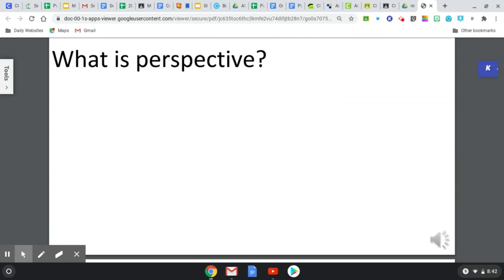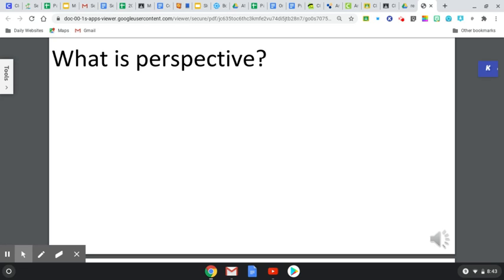All right, what is perspective? We're going to talk about perspective quite a bit. Perspective is who we're seeing, like what's going on. So right now we followed Mole around, so we're seeing things from Mole's perspective.